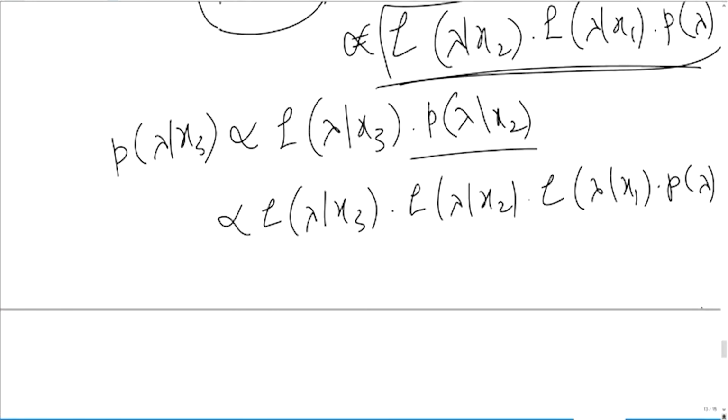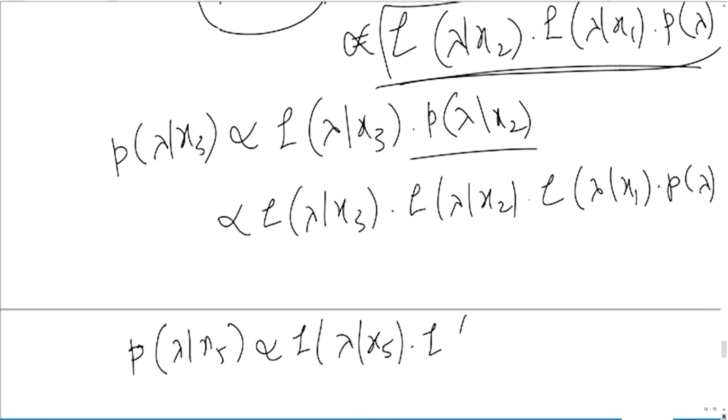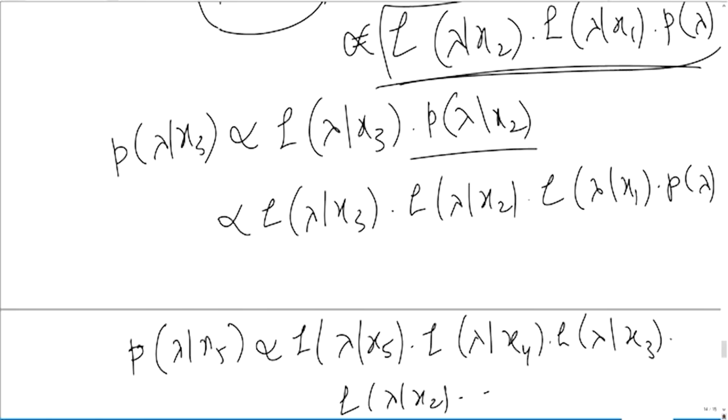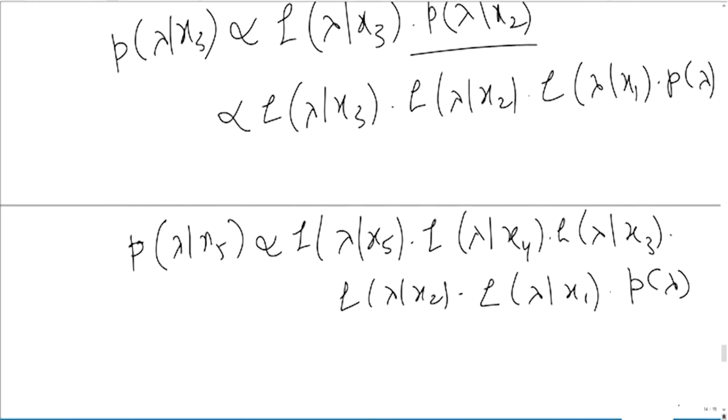If you keep on doing this, this is what you will get after day 5: the likelihood of lambda given x5, times the likelihood of lambda given x4, times the likelihood of lambda given x3, likelihood of lambda given x2, likelihood of lambda given x1, times the prior distribution on lambda.